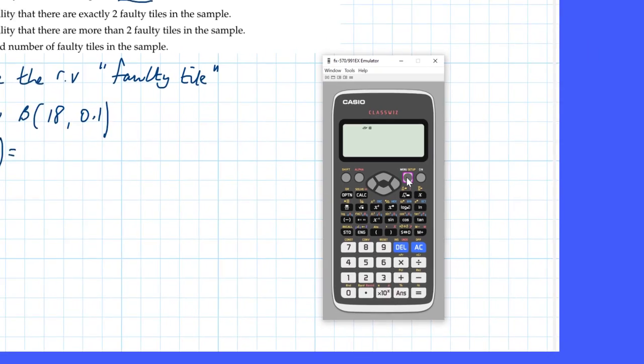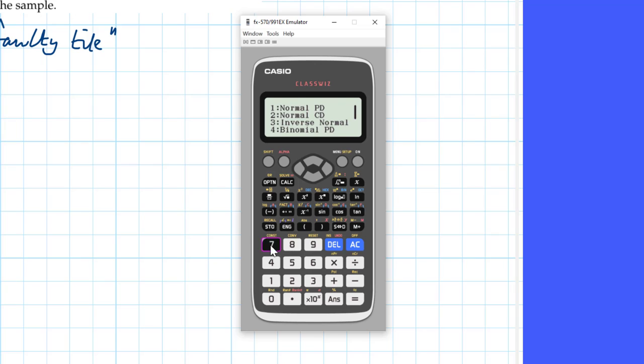Well, all we're going to do is use the calculator. We've got to use our calculator properly. So when we do this, we're going to go to the binomial PD function, which gives us an individual value. As we've done before, we know that x is 2, that's the two tiles, n is the number of tiles, so that was our 18, and p was 0.1, the probability of success.